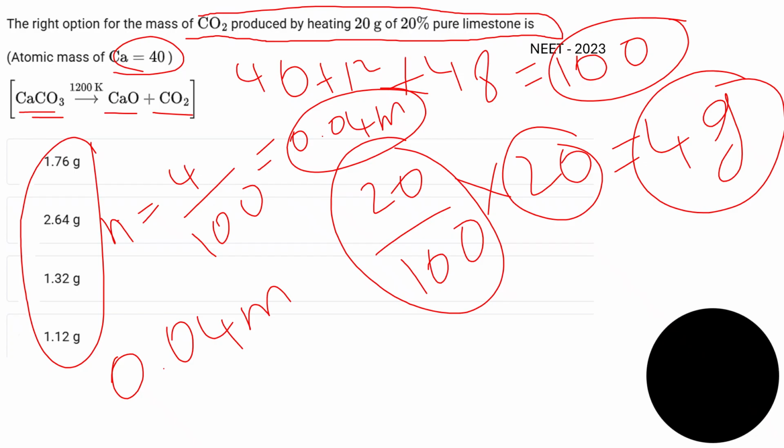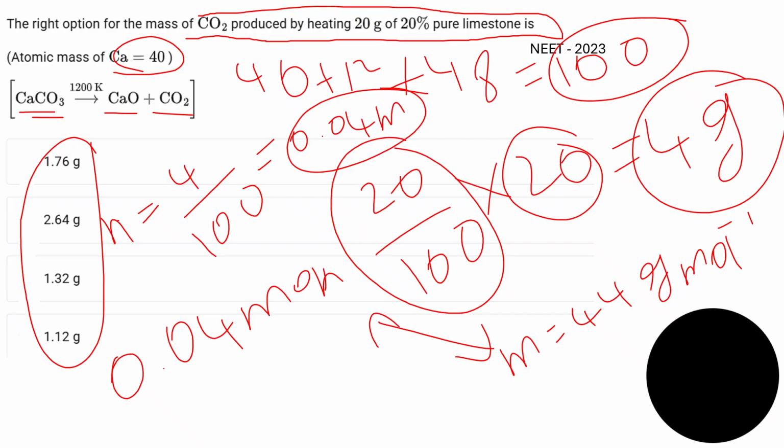Molecular weight of carbon dioxide is what? 44 gram per mole. Here it is mole. Multiply these two, per mole and mole get cancelled. We will get the answer in gram. 0.04 multiplied by 44, we will get 1.76 gram. This is the answer. This is the simplest one.